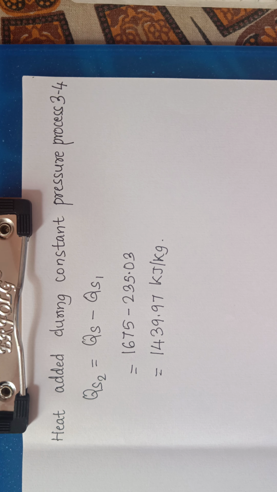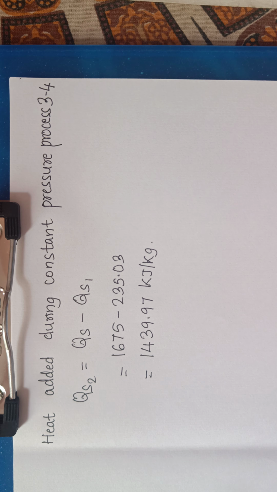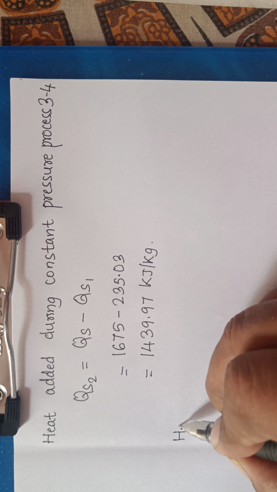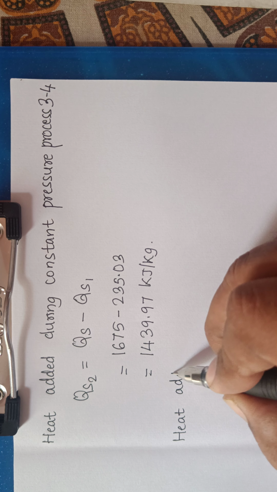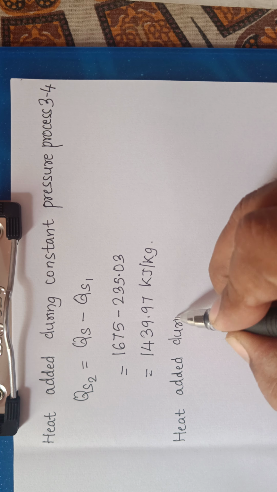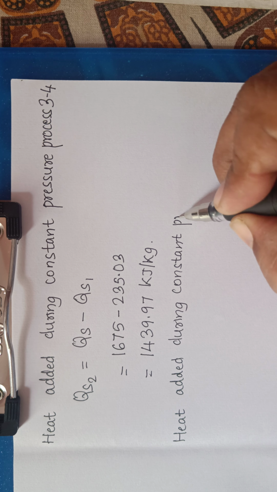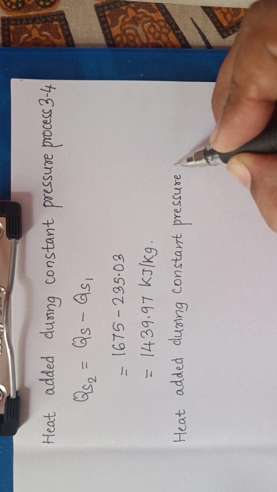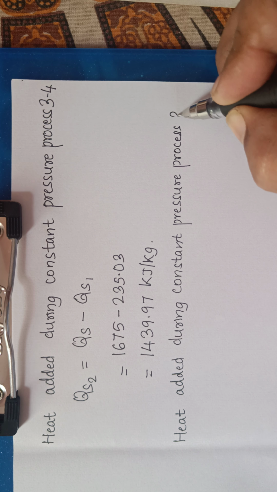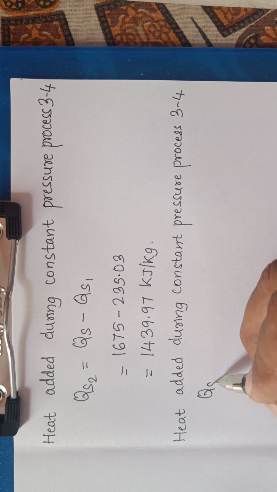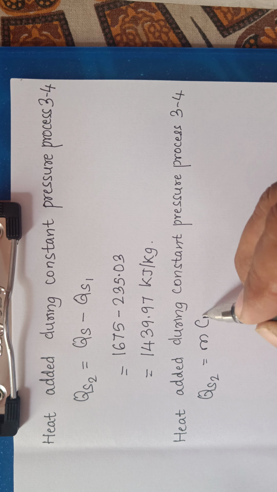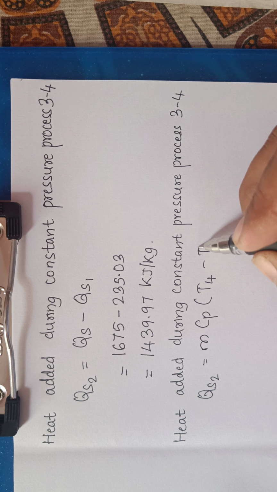Upon calculating this value, next find out the value of T4. I will find the value of T4 by taking the equation of QS2, that is the heat added during the constant pressure process 3 to 4, given by QS2 is equal to m Cp into T4 minus T3.